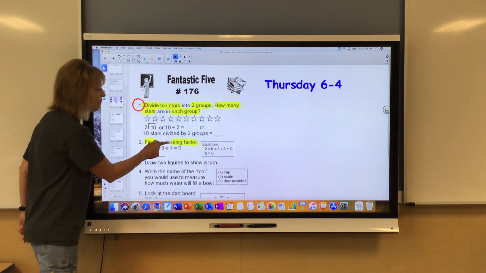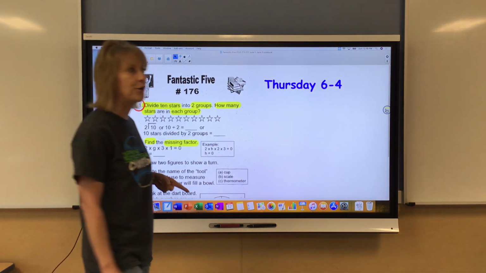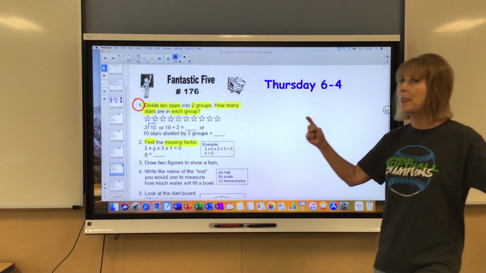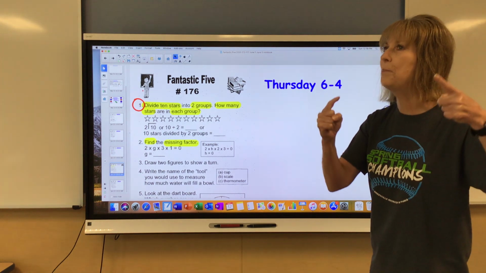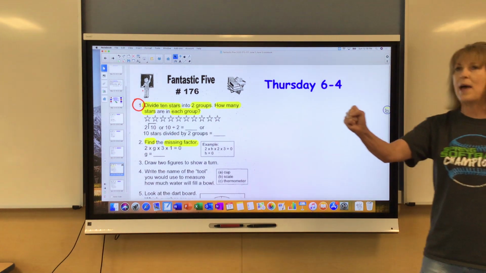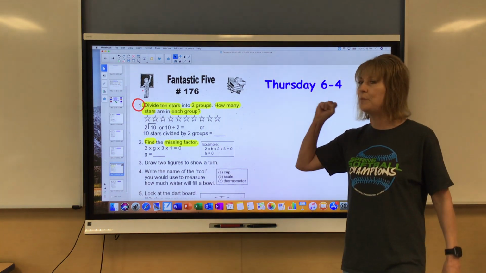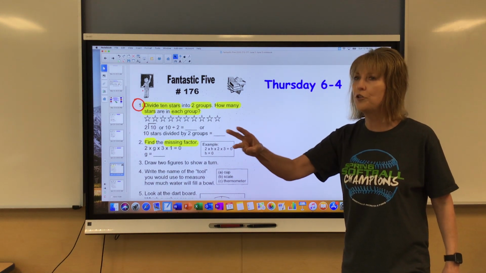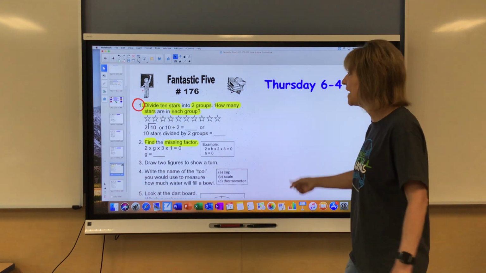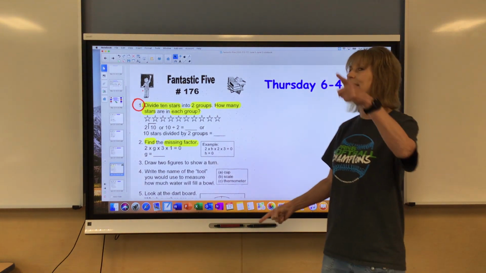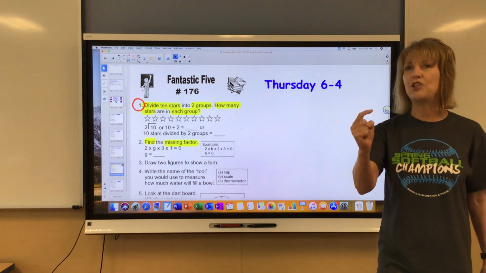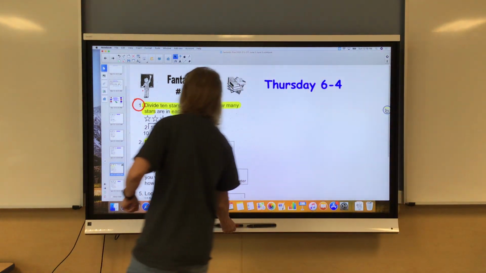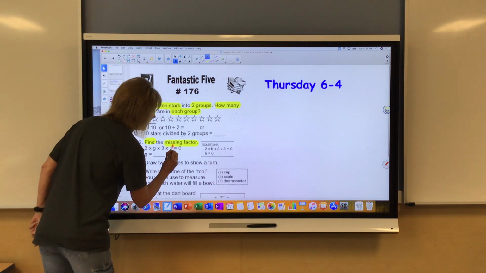Number 2 says find the missing factor. If I hear the word factor, ding, ding, ding, I'm thinking multiplication. 4 mathematical operations: addition, subtraction, multiplication, division. If I'm finding the missing factor, I know I'm doing multiplication.